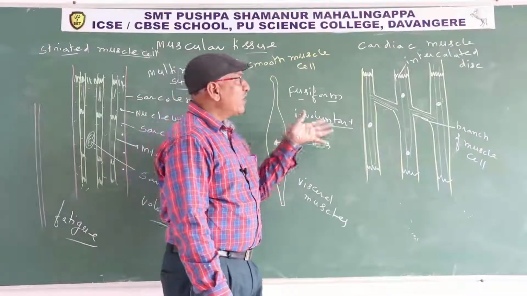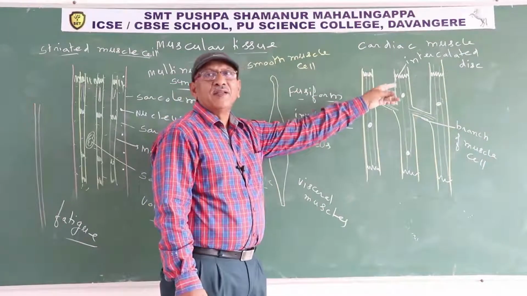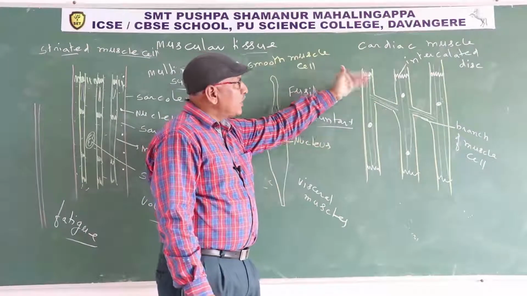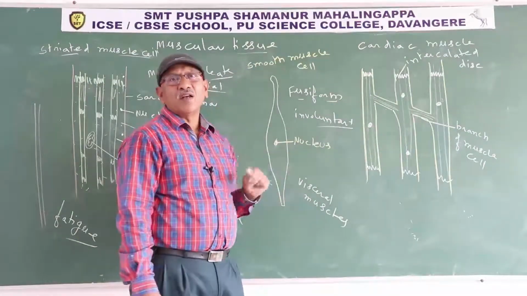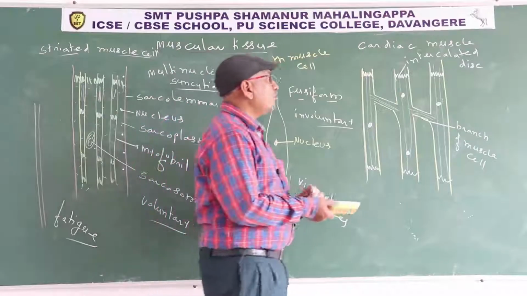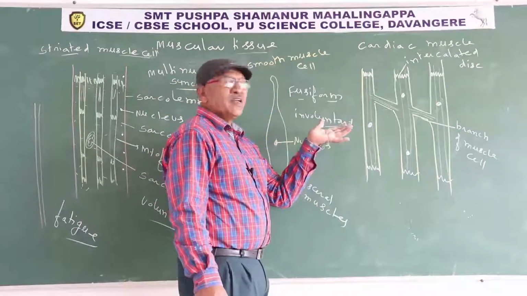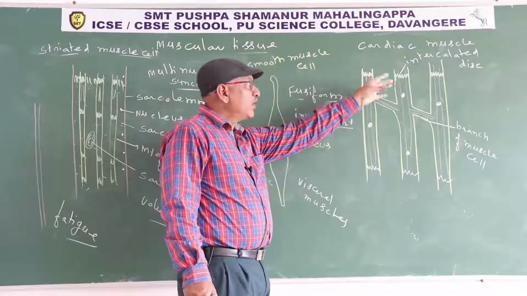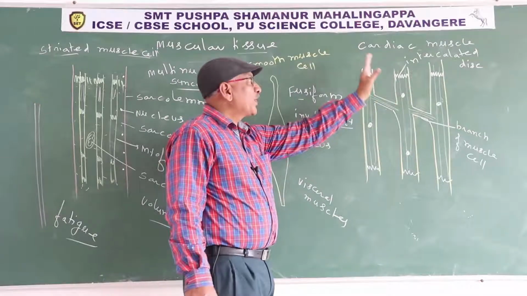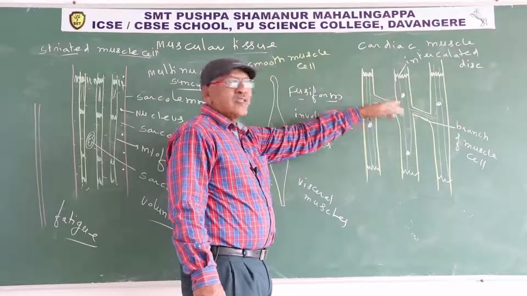So initiation of heartbeat is intrinsically regulated. So that means cardiac muscle is responsible for generation of heartbeat. The special type of cardiac muscle cell is known as SA node. SA node acts as a pacemaker.